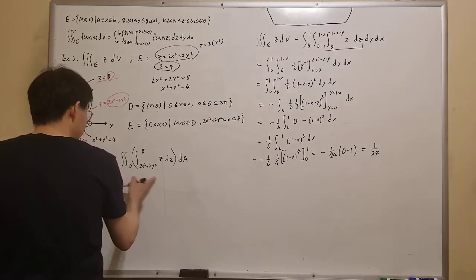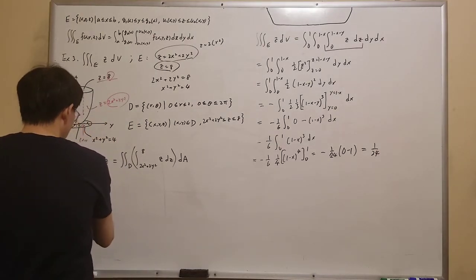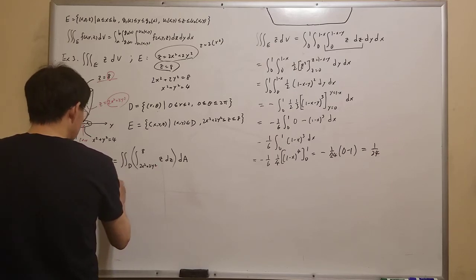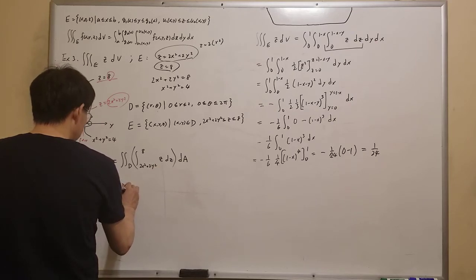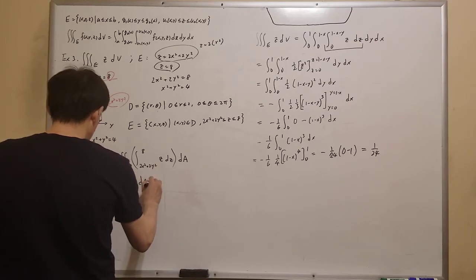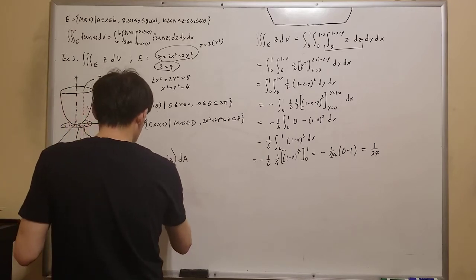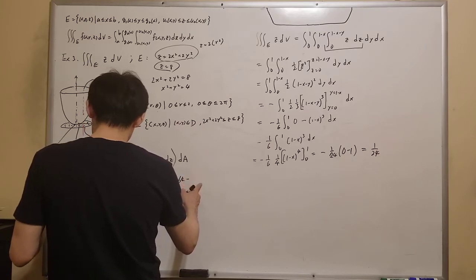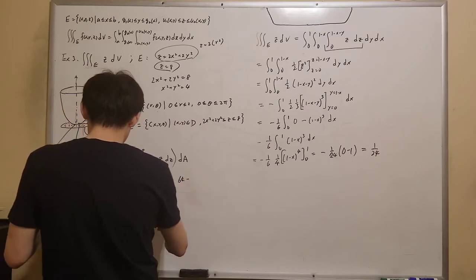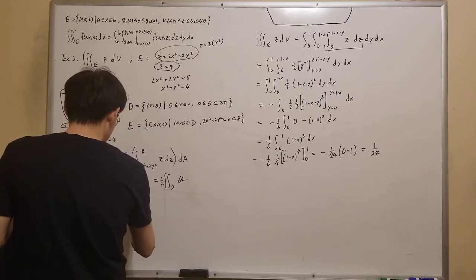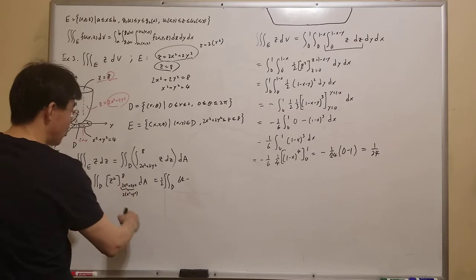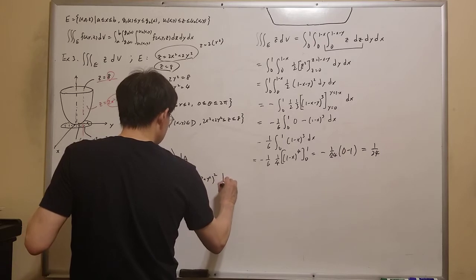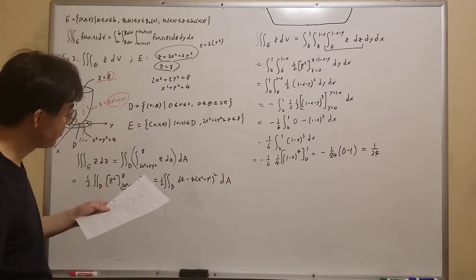So what do you get? This is 1/2 of z squared, z squared from 2x squared plus 2y squared to 8, dA, so you will get 1/2 of 64 minus this one. This is 2 times x squared plus y squared, squared. 4 times x squared plus y squared, squared. Okay?